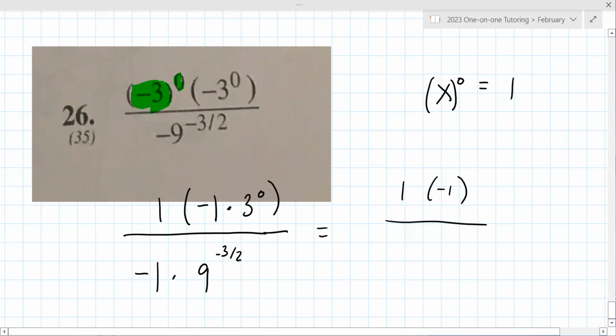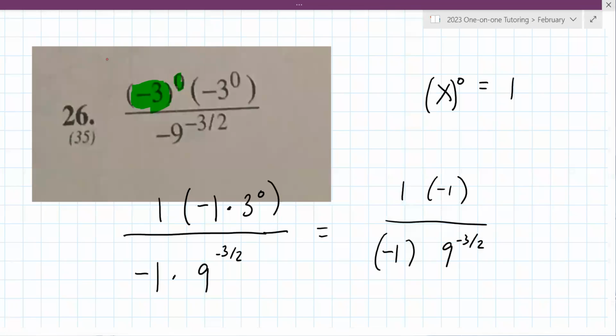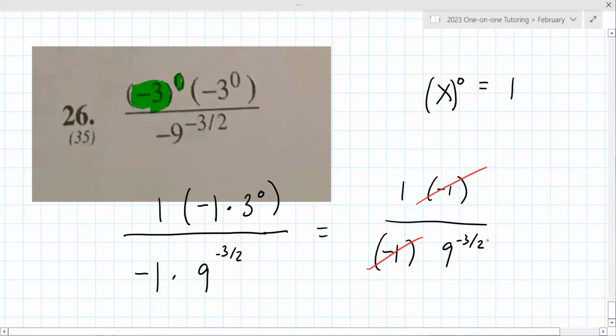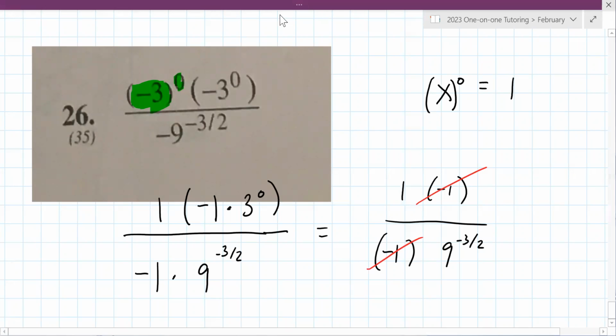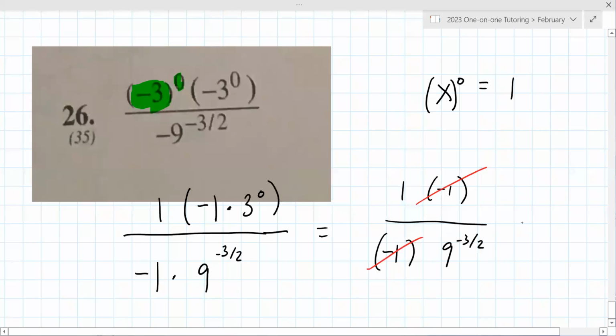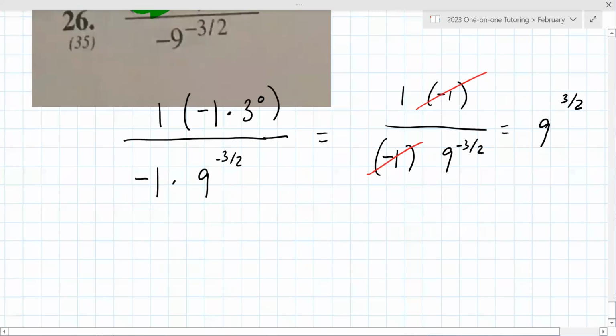That's important to break apart because you can see there you're going to get a cancellation. Now the negatives cancel. This exponent, when it's negative, you can flip between the top and the bottom. Because it's negative on the bottom, it becomes positive on the top. Now it's a much more standard problem.